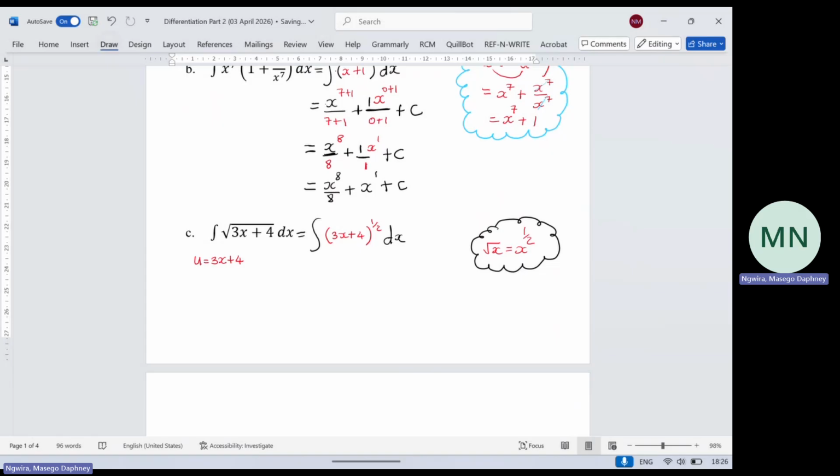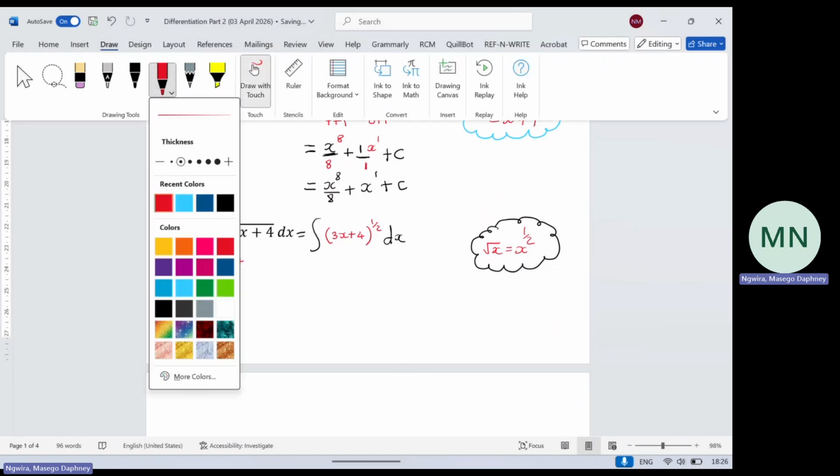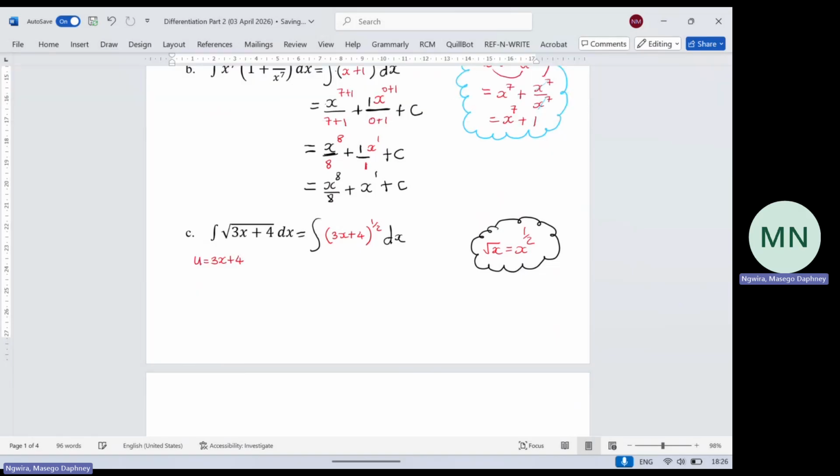And then after this, I have to differentiate. If you remember very well from our last lesson, we differentiate. So now I'm going to take the derivative of u, so du over dx. The derivative of this is going to give me what? 3. How did I get the 3? I'm going to do it on the side.